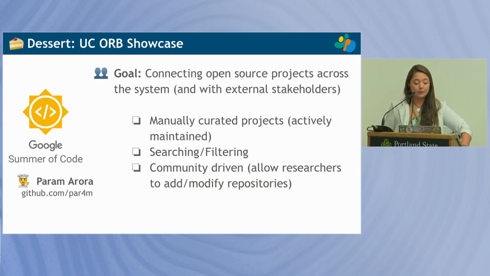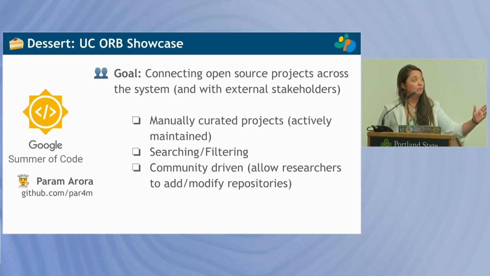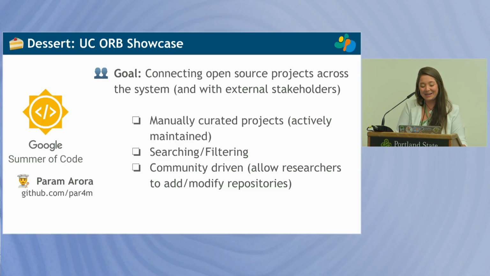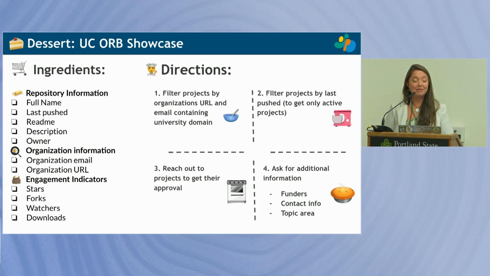This project is part of Google Summer of Code, so I'm mentoring a student who is doing most of the work for the showcase. His name is Param, if you want to go stalk him. He's very good. I'm going to tell you first how we've been doing this, and then show you a spoiler of how it's going.